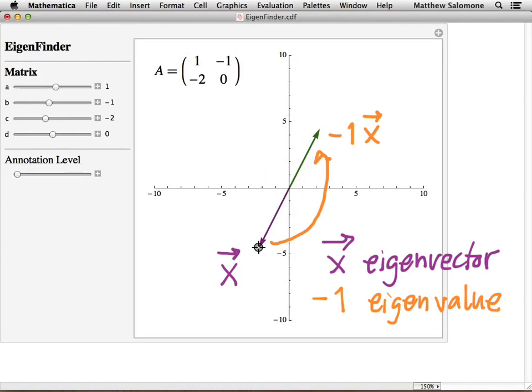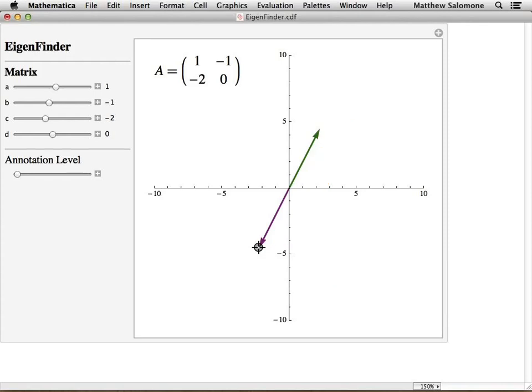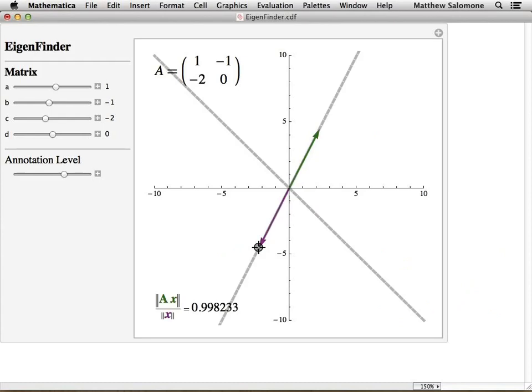So the conclusion we can make from this is that this matrix A has two different eigenvector-eigenvalue pairs. Namely, the first eigenvalue-eigenvector pair was the first one that we discovered, where the eigenvectors lie along this line, and the eigenvalue of the eigenvectors along this line was 2.